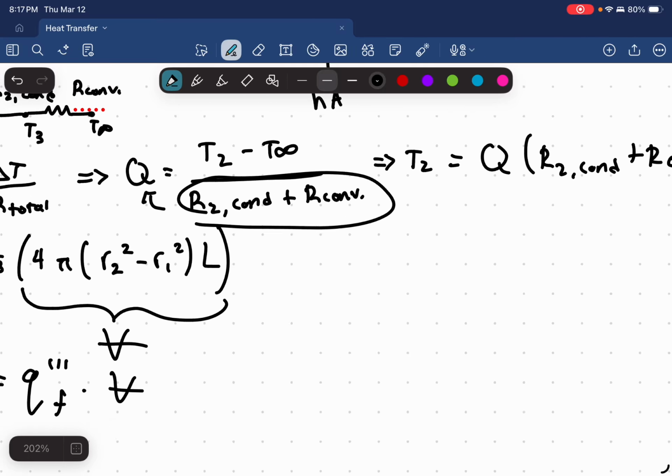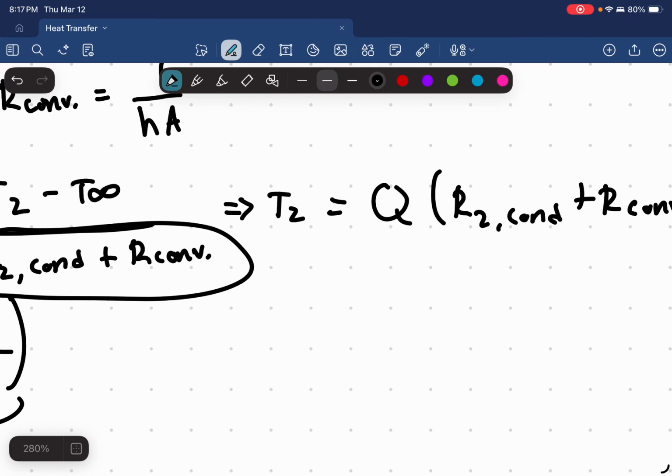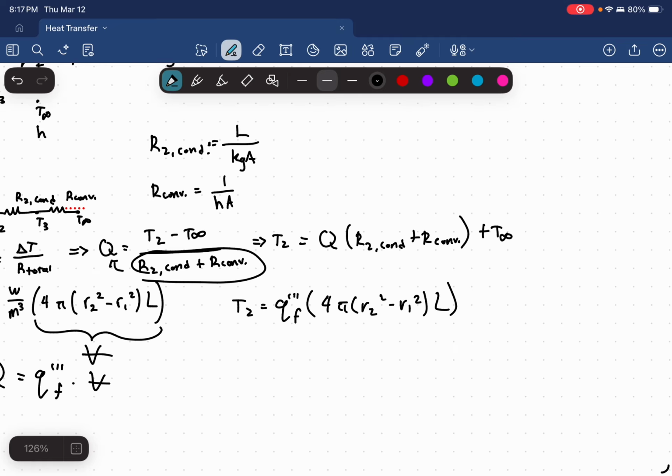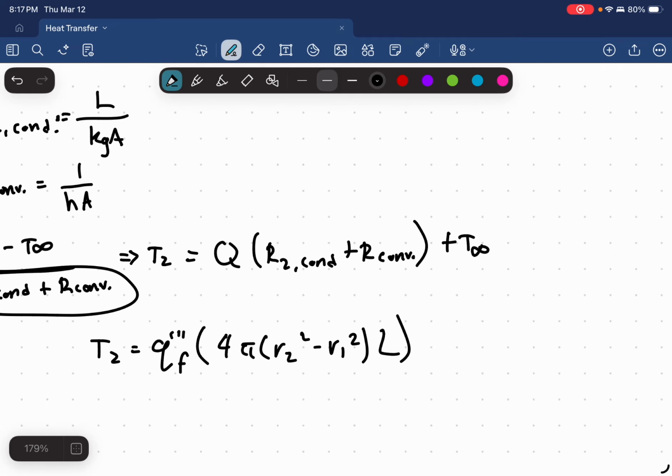So whenever we substitute everything in, T2 will be the Q triple prime times 4 pi (R2 squared minus R1 squared) L, and then the two thermal resistances.